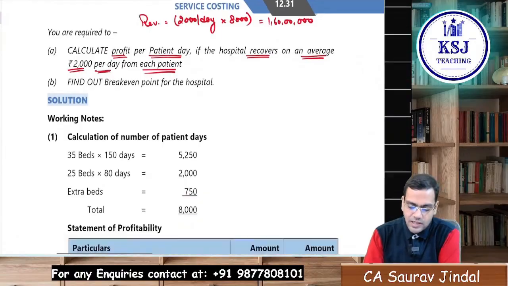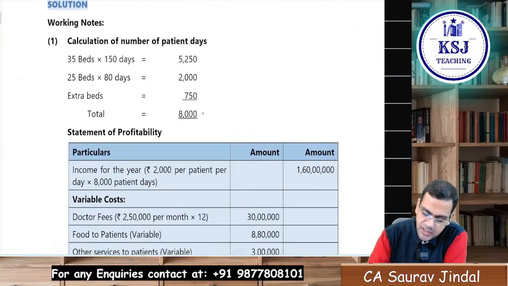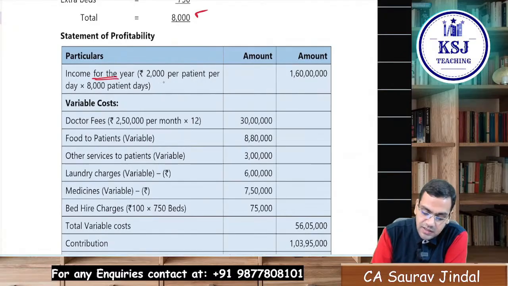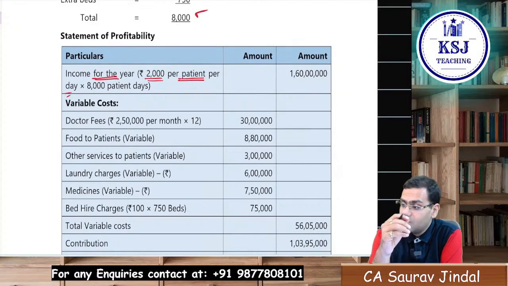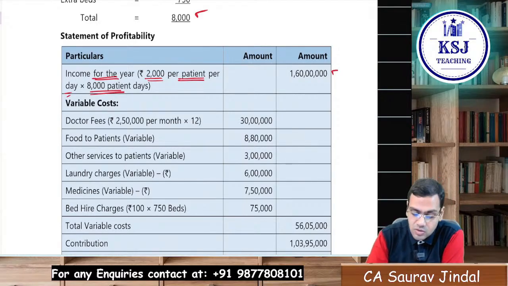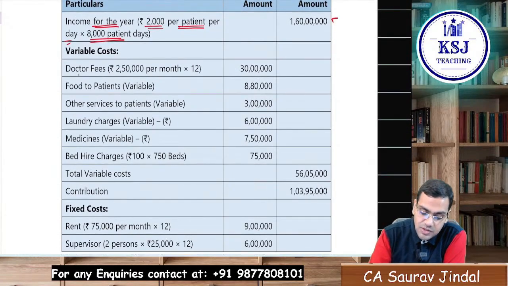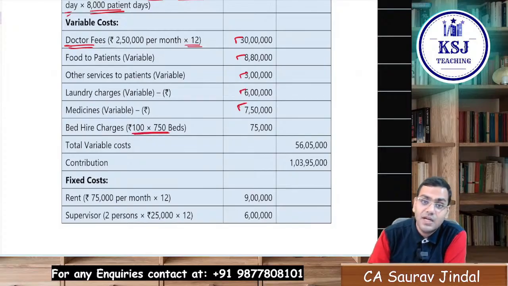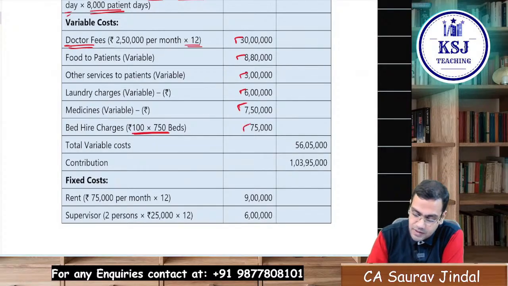Now you have to calculate the profit. So calculation of number of patient days we have done. Statement of profitability, income for the year, 2000 rupees per patient per day. How many patient days are there? 8000 patient days, 1 crore 60 lakh rupees. Then variable cost: doctor fees per month into 12, 30 lakhs, food to patient, other services, laundry charges, medicines, bed hire charges, 750 into 100, 75,000.